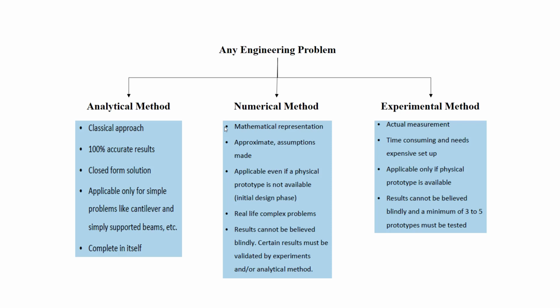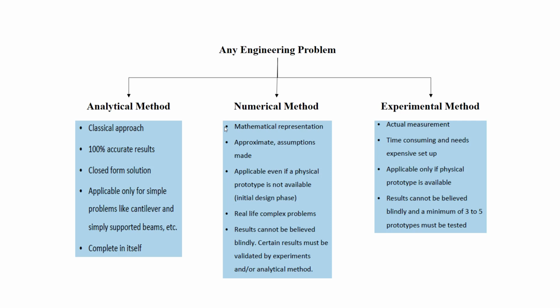Then coming to the next method, it is nothing but the numerical method. In the numerical method, we are going to prepare the mathematical representation of the engineering problem, and then we are going to make some assumptions in order to simplify those mathematical equations, and we are going to solve those equations. This numerical method can be applied to solve any engineering problem even though the physical prototype is not available.